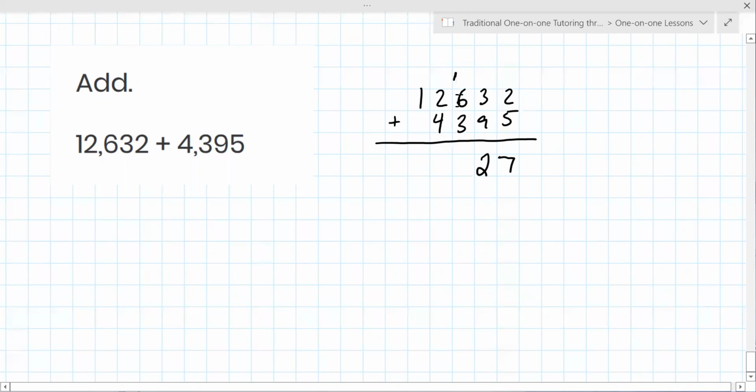You're just guessing, Michael. 6 plus 3 is 9, plus 1 is 10. So put a 0 here, carry of 1. 1 plus 2 plus 4 is 7. Good. And then you bring the 1 down.